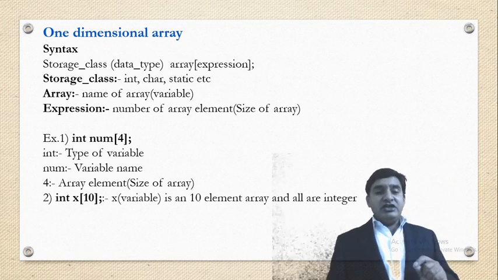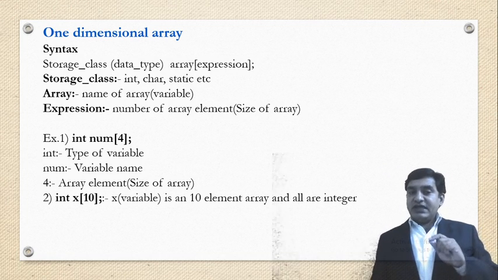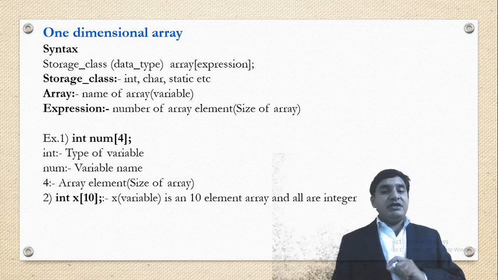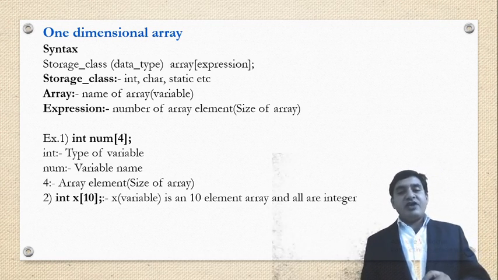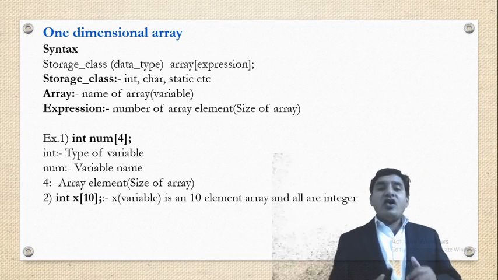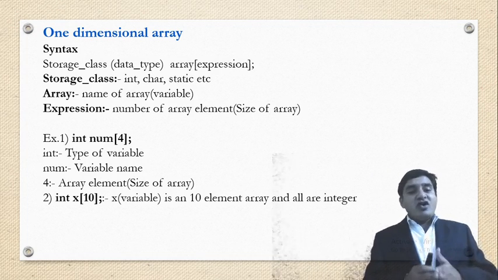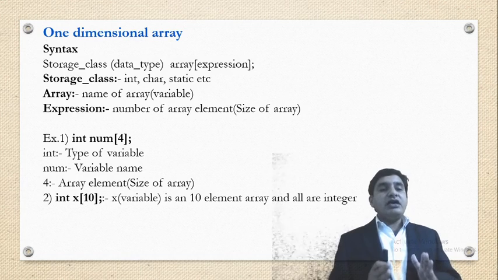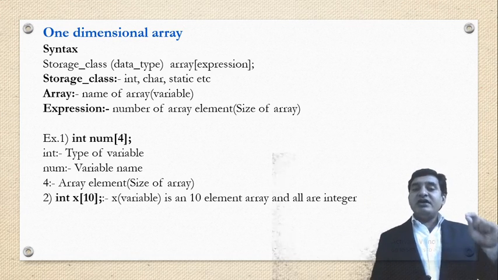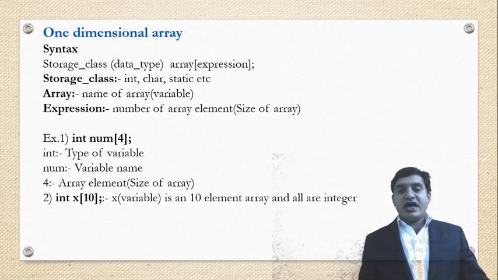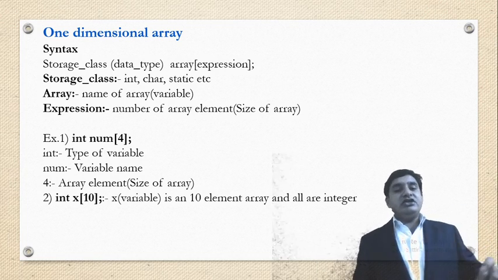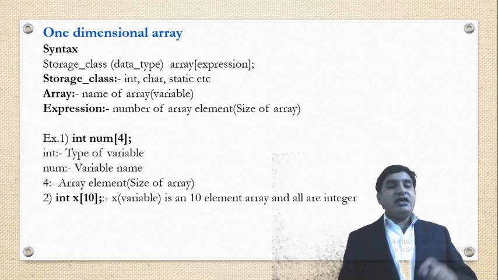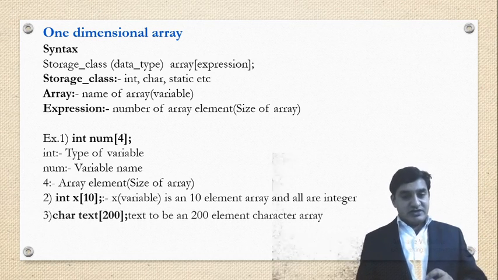Second example, int x[10]: x is the name of the variable, and it is a 10-element array because the size of the array is 10 and all are integers, that is x0, x1, x2, x3, x4, x5, x6, x7, x8 and x9. So there are a total of 10 array elements and all are integers.